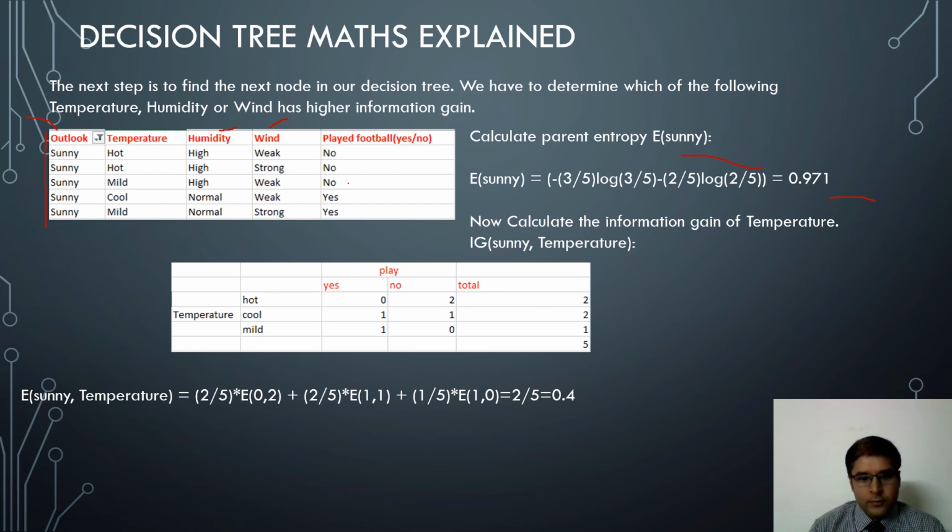So we deduce E(sunny, temperature) as this much because the temperature table can be like this based on the above data. If temperature is hot, there are 0 yes and 2 no's, total is 2. Similarly for cool and mild, this is the data, total is 5.